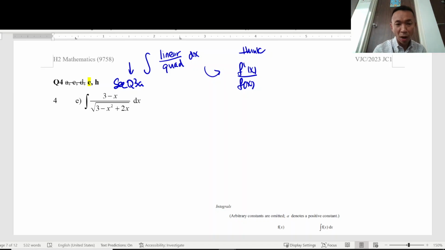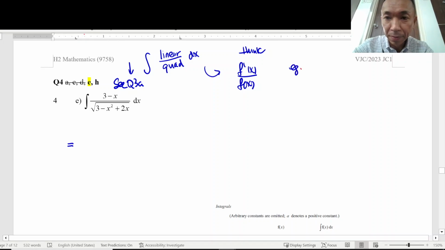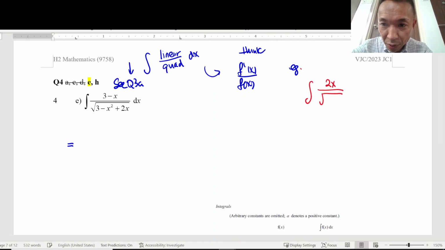Now this is not quite linear over quadratic. It's a linear divided by a square root of a quadratic. Trickier, definitely trickier, but the concept is somewhat related. What do I mean? Now I give you an example. If I ask you to integrate, say, 2x over square root x squared plus 1, do you know how to integrate?